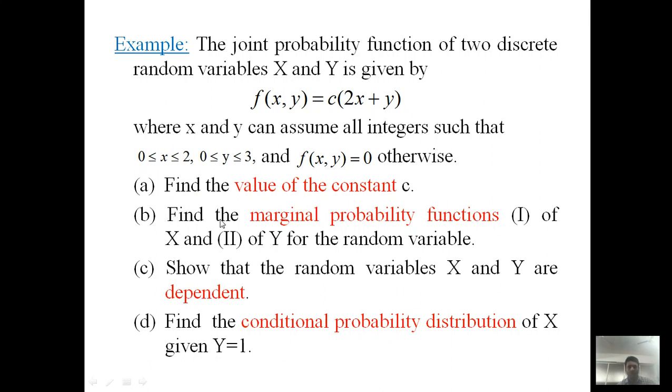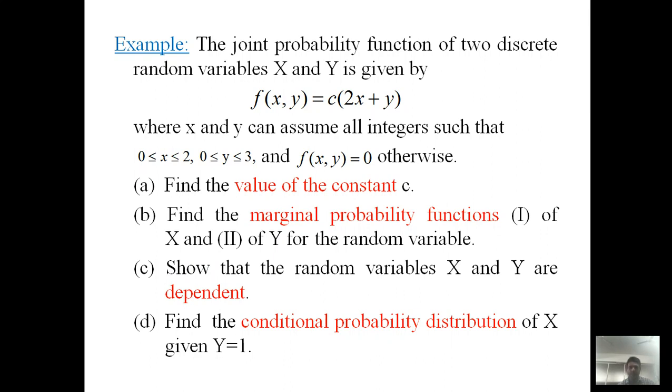The second one is to find the marginal probability functions: first, the marginal probability function of x, second, the marginal probability function of y. That is, we have to find the marginal probability function corresponding to both variables. Third, we have to check whether the two variables x and y are independent or not.